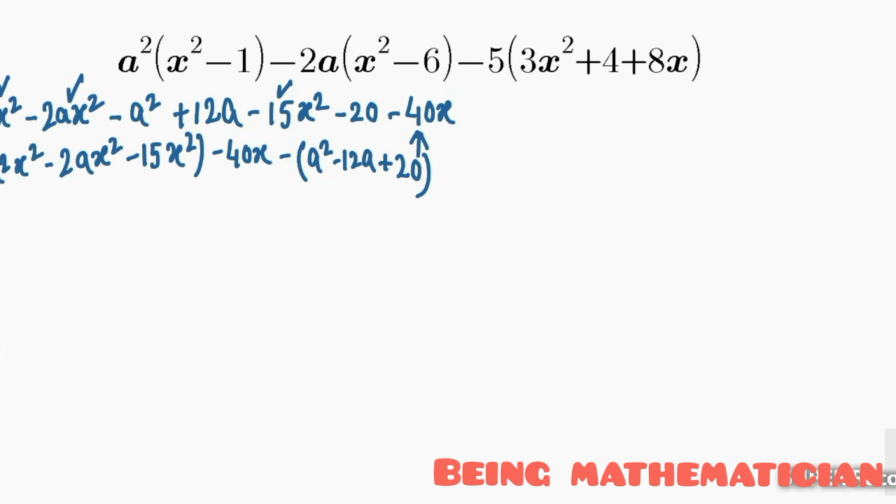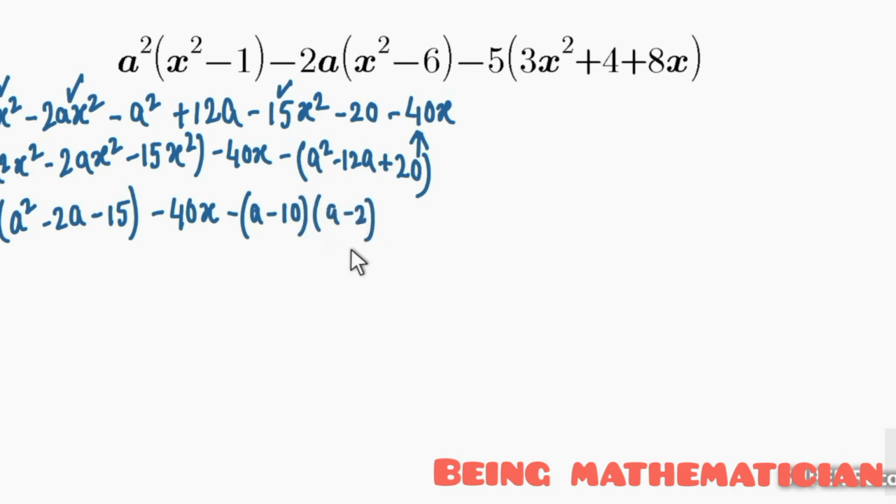Now we take common x² from the first expression and we get a² − 2a − 15, and this is 40x, minus, we factorize this term and we get (a − 10)(a − 2) using middle term factorization.